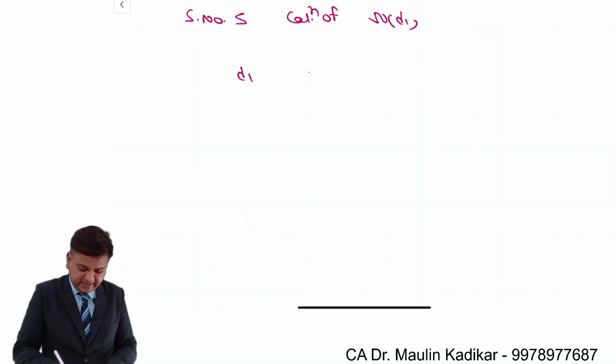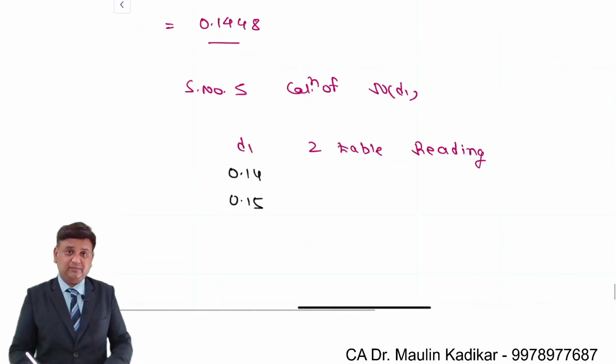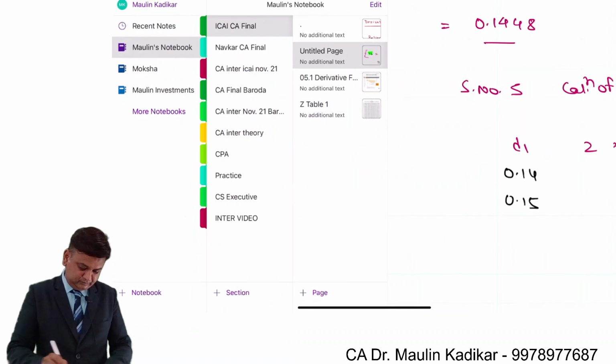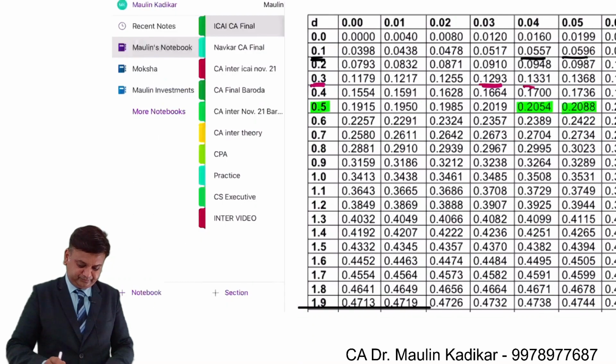So D1 and Z table reading: 0.14 gives 0.0557 and 0.15 gives 0.0596.